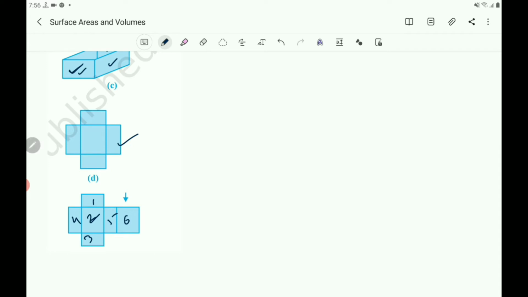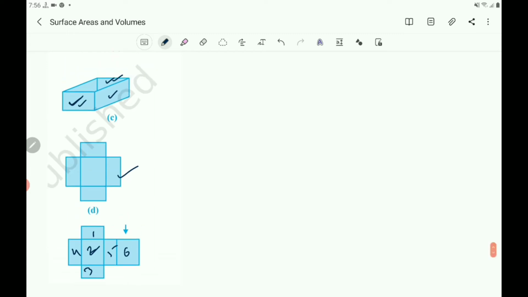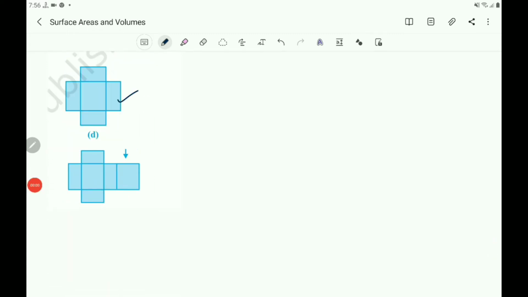Now let us consider this is the first piece, second, third and fourth, and this is fifth, sixth, and let us consider all these are L, L, L and L, and also let us take these two are bases, and also these are bases.